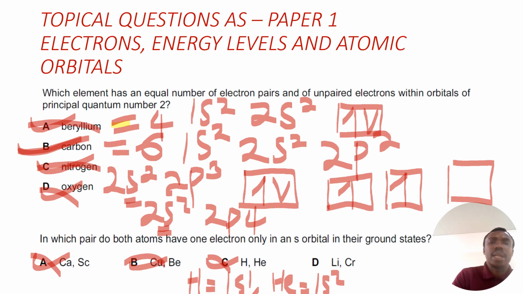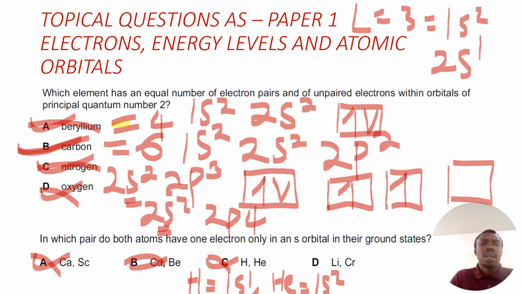I think D should be the answer, because if you look at lithium, lithium is 3, which is 1s2, then 2s1. So you have one electron only in an s orbital. Then look at chromium.